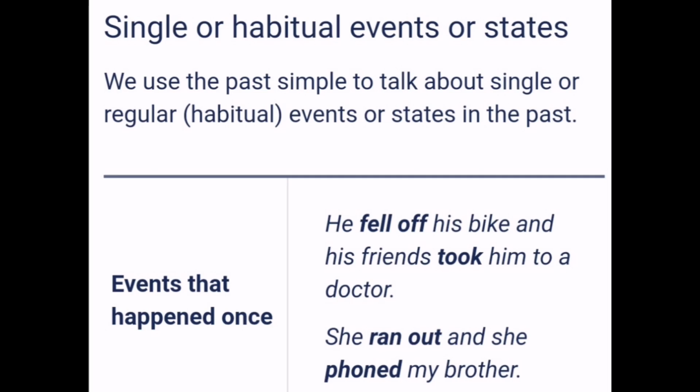For events that happened once, only one time: he fell off his bike and his friends took him to a doctor. The last sentence: she ran out and she found my brother.